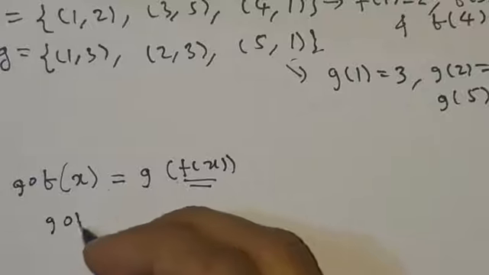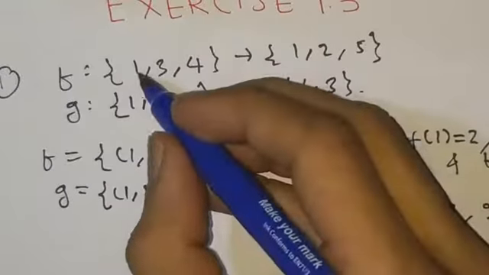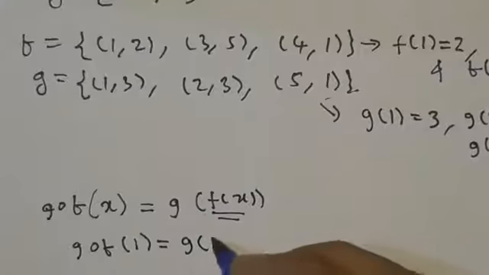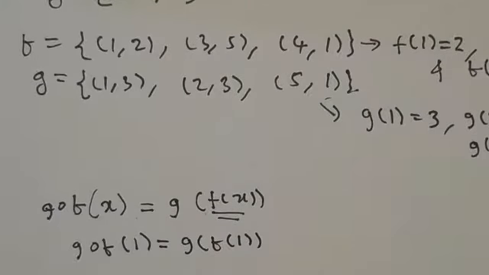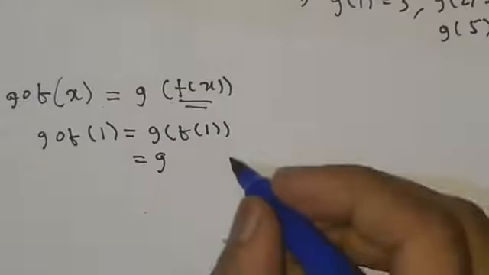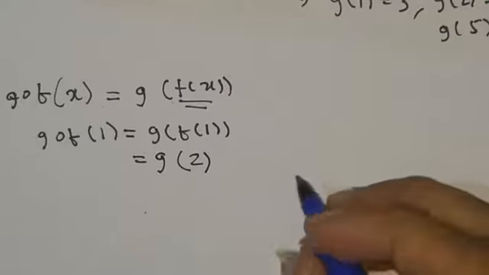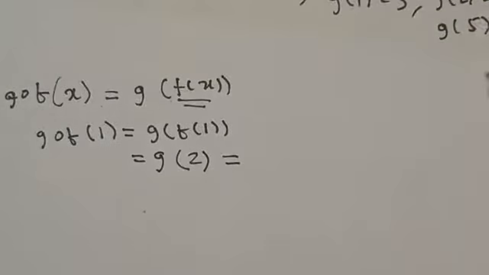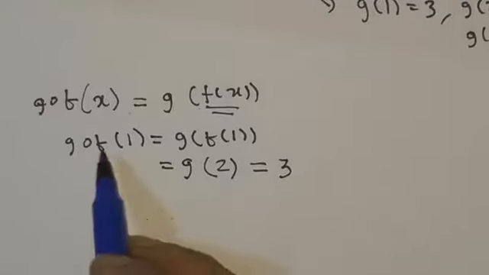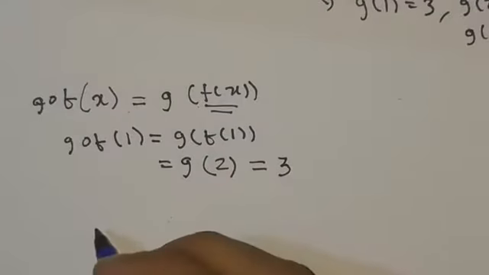So first we can calculate g composition f of 1, that will be equal to g of f of 1, which is g of 2, and g of 2 is 3 here. So we found out g composition f of 1 is 3.